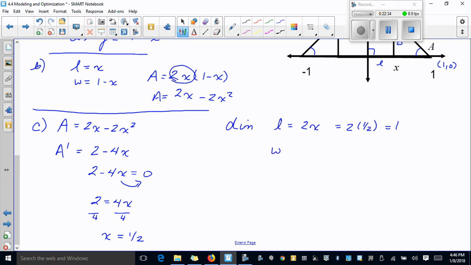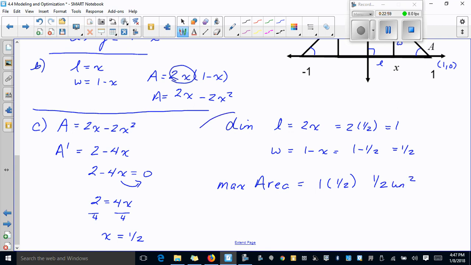And our width is going to be 1 minus x, which is 1 minus 1/2, which is equal to 1/2. So the largest area, the maximum area, is 1 times 1/2, or 1/2 units squared. And there we are.